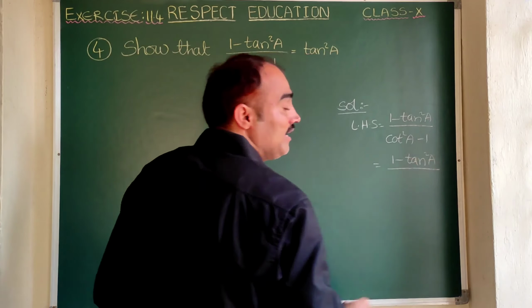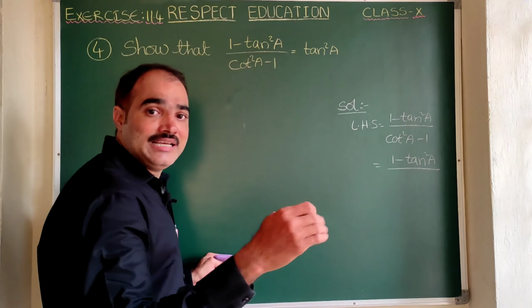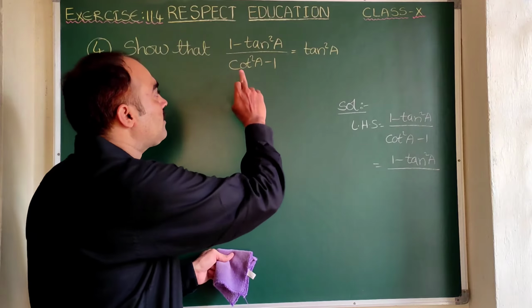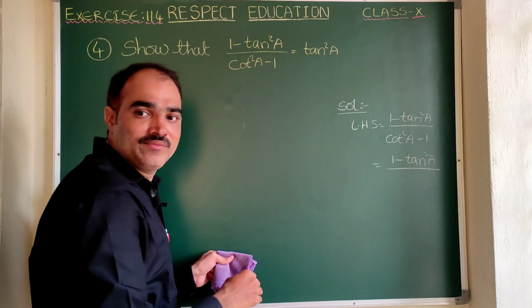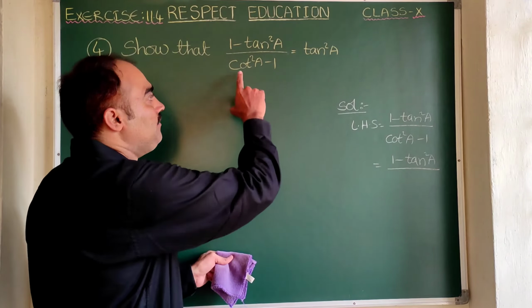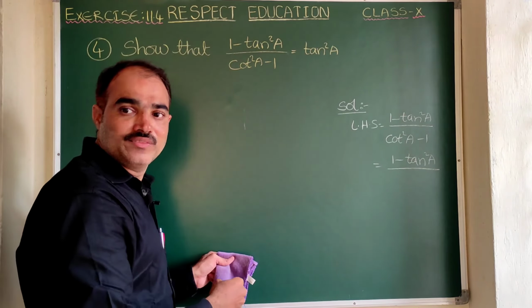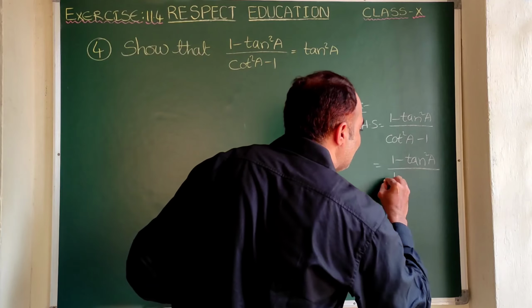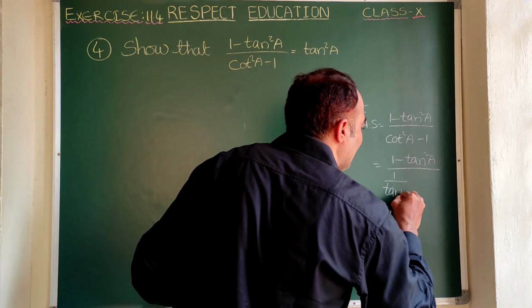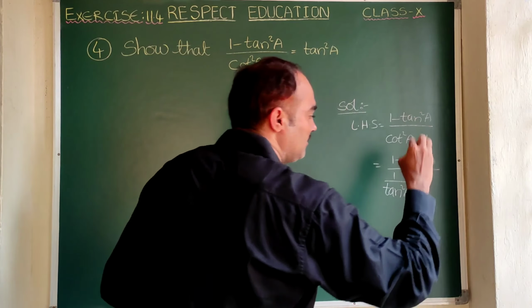Here, is there any possibility to convert cot A in terms of tan A? Yes. How can we write cot A in terms of tan A? 1 by tan A. If cot A is 1 by tan A, what is cot square A? 1 by tan square A. Yes, 1 by tan square A. Cot square A minus 1 is 1 by tan square A minus 1.